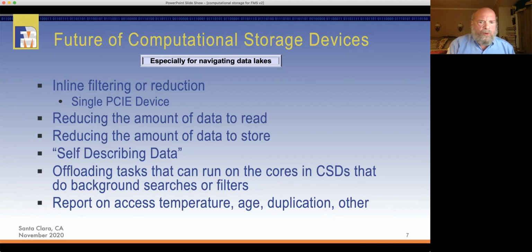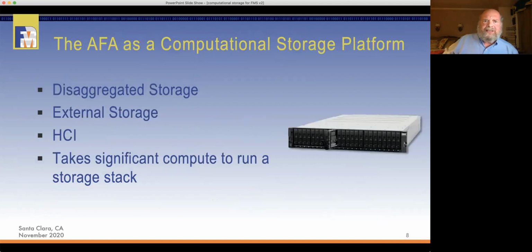You can imagine reporting on access rates, age, the duplication like we talked about, many different things that can be done in the CSD.